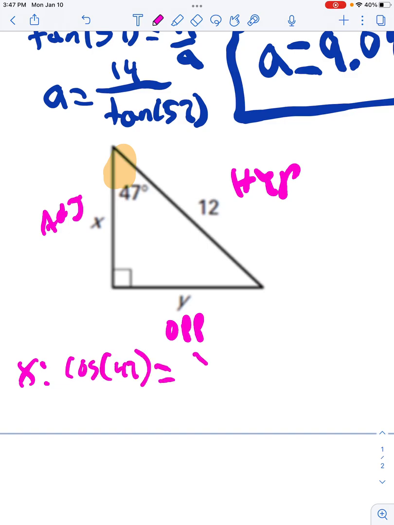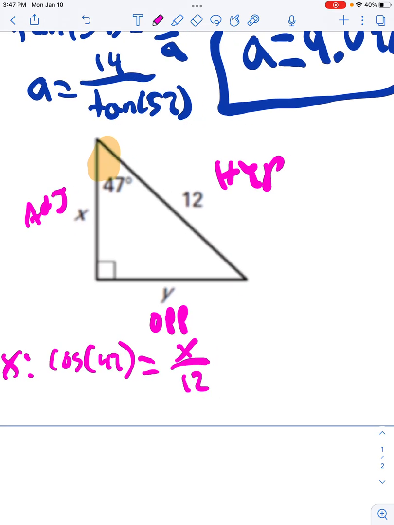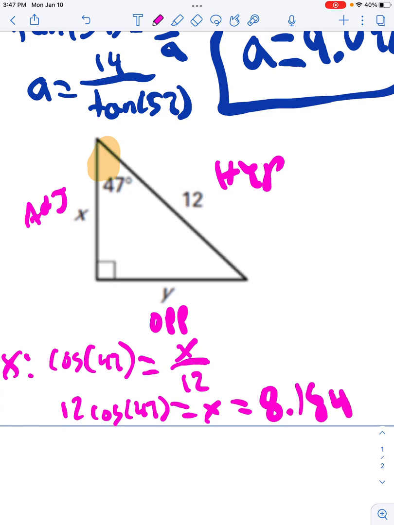So cosine of 47 equals X over 12. I'm going to multiply by 12, so I get 12 cosine 47 equals X. 12 cosine 47 equals 8.184.